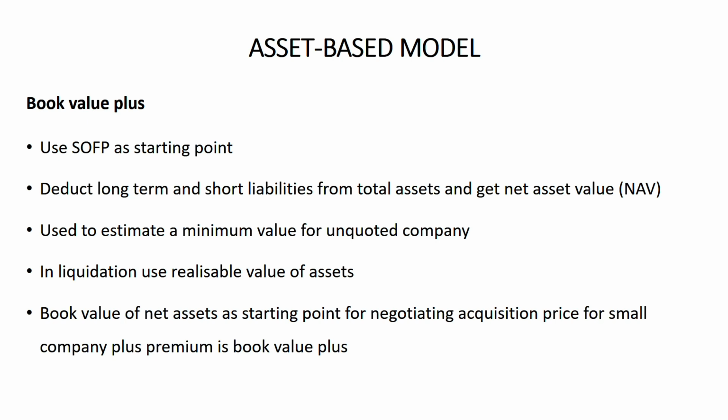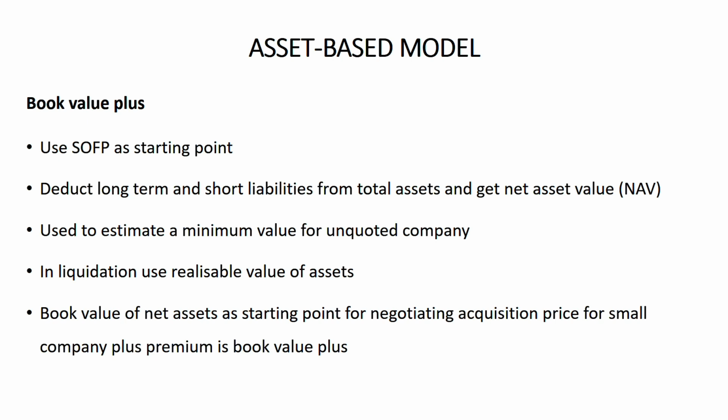That's why we have to do this valuation to get a starting price, because we need to negotiate on an acquisition price for a small company. Book value plus a premium is book value plus. So that premium is the plus. You are adding a premium to that book value. That premium could be anything. It could be 25%, it could be 50%, it's up to you.